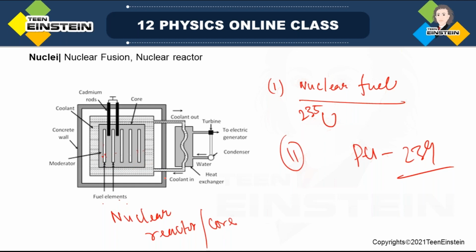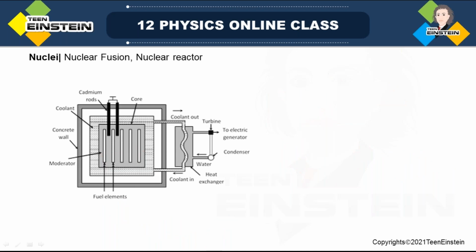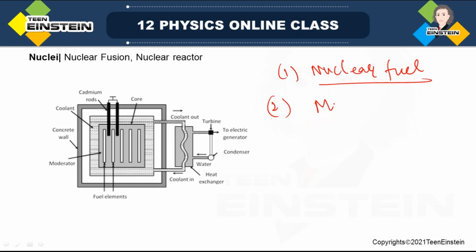Now, after nuclear fuel, we need to have a moderator in it. So the first one was nuclear fuel, then the second thing is moderator.